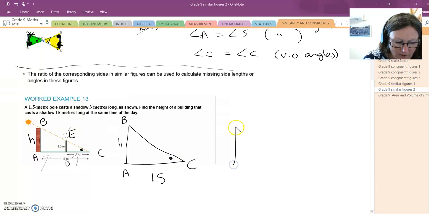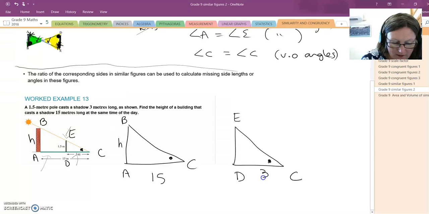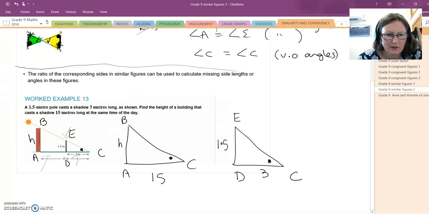Draw my second triangle, EDC, so that angle's the same. That's 3, that's 1.5. So using my knowledge of similar figures, I can work out H. This is how I do it.